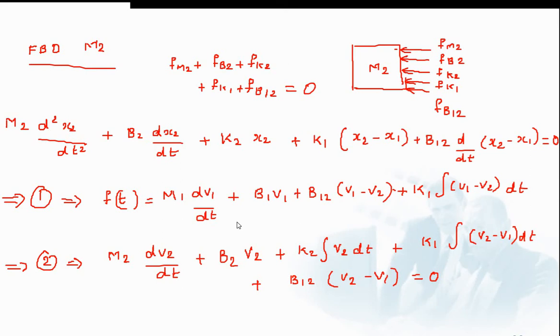We can directly get those equations by substituting the analogous parameters for equations 1 and 2. Then also we will get the same equations.